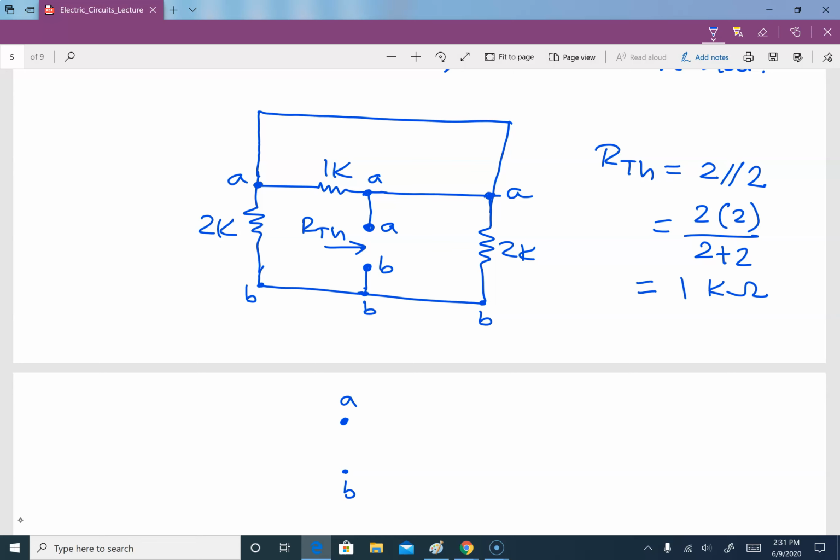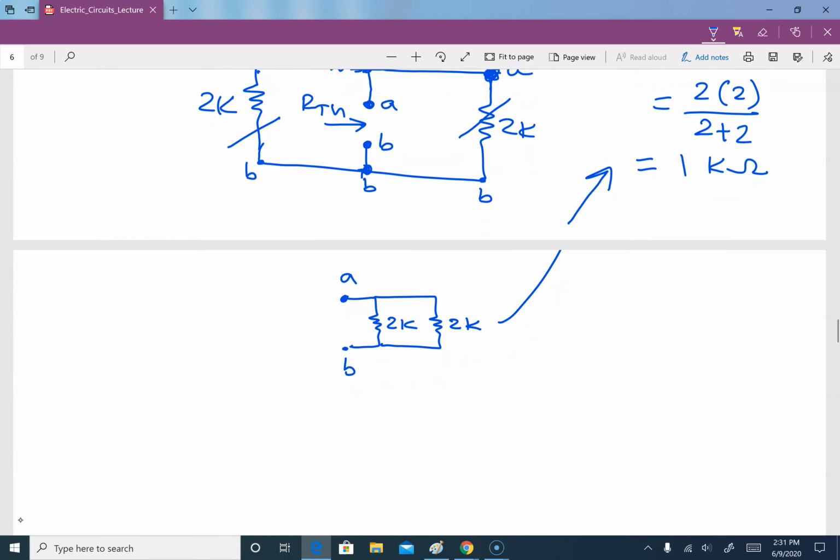So between A and B, I have this 2K. Between A and B, I have this 2K. And this here between A and A, we don't care about. So that's why we are saying that the two are in parallel. So that is our R Thevenin, 1K.